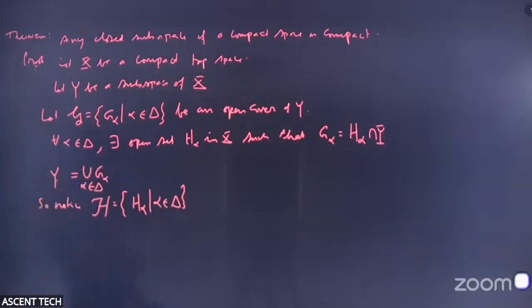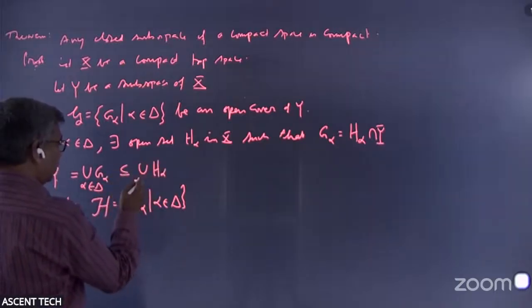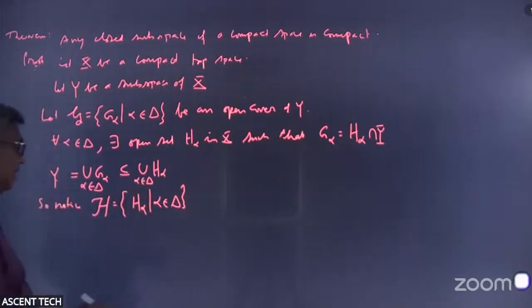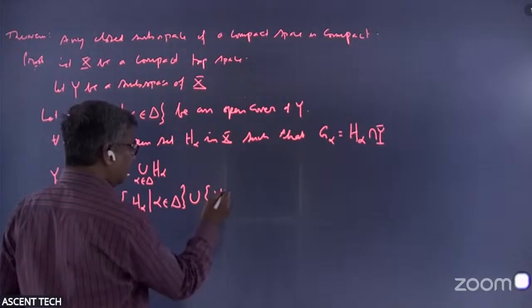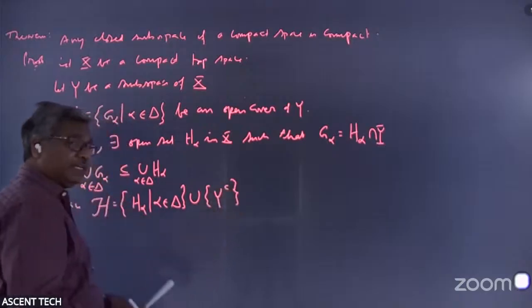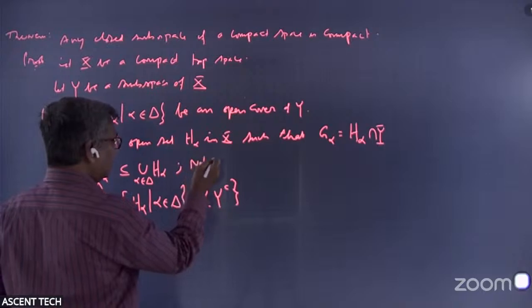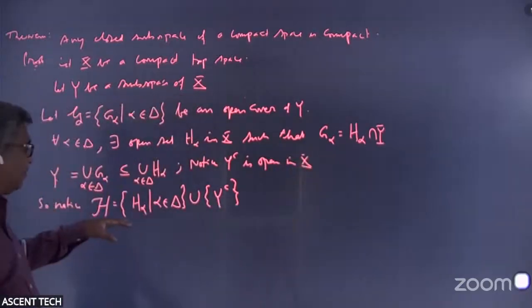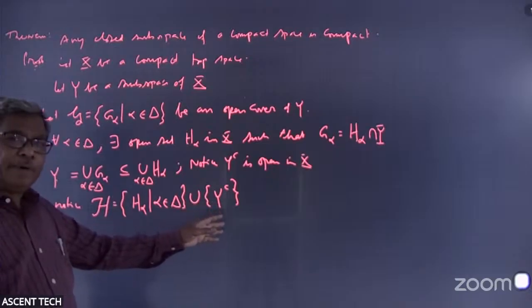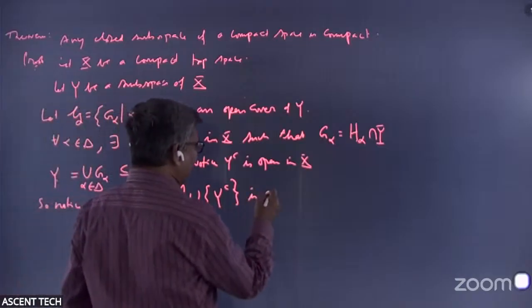They all cover Y already; the union of all the H alpha will contain Y. But Y complement is an open set in X, since Y is closed in X. So somehow or other, all the H alpha will cover Y, and Y complement will be there for covering the rest, so the whole of X. So this is an open cover of X.